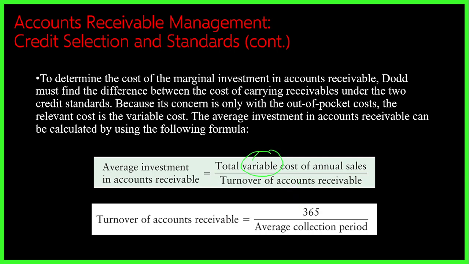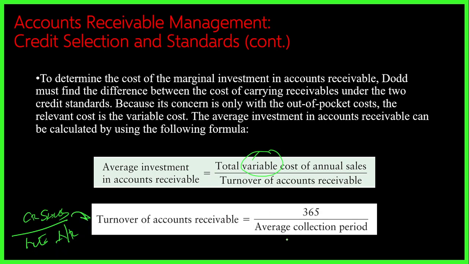So you have the variable cost of annual sales divided by the turnover of accounts receivable. And the turnover is computed this way. Ayan, di ba? Parang binaliktad lang. Kasi originally, the accounts receivable turnover is computed by dividing your credit sales by your average accounts receivable, and then you will get your turnover.